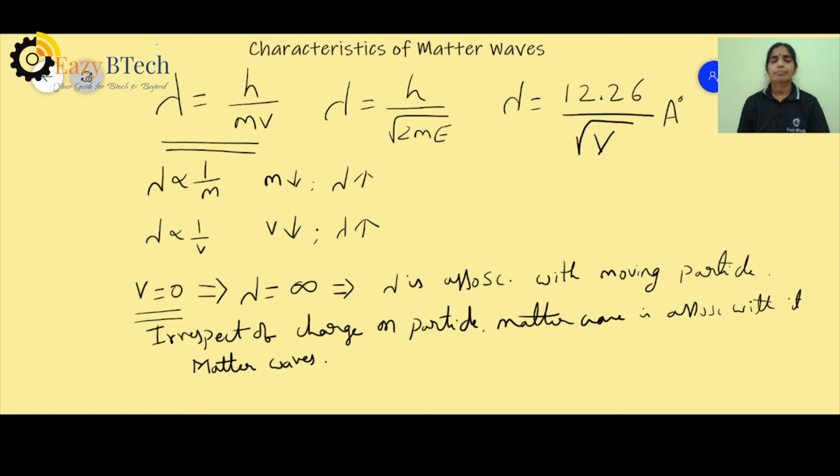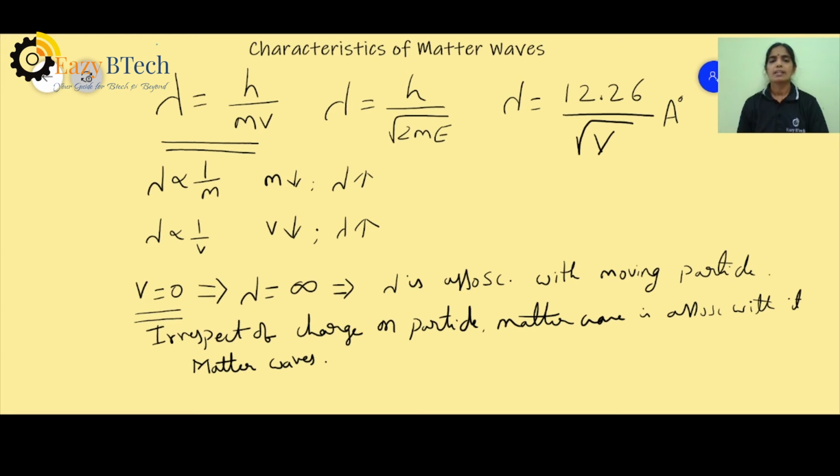Next, we do not have any phenomenon which will exhibit particle nature and wave nature at the same time, simultaneously. For example, if velocity is 0, the particle is at rest and you cannot give a wavelength. If the particle is moving, can we locate its position? No, it's not at all possible.